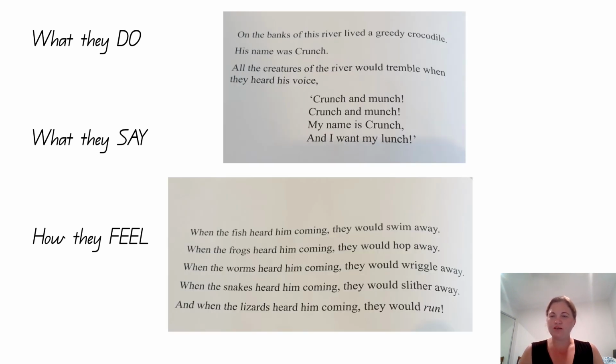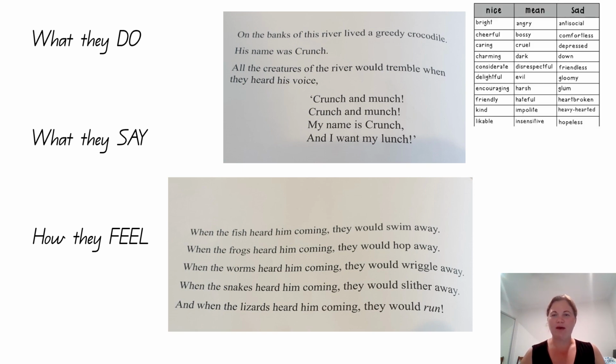Here are 2 different pages from Crunch the Crocodile. On the first page, it says, "On the banks of the river lived a greedy crocodile. His name was Crunch. All the creatures of the river would tremble when they heard his voice. Crunch and munch, crunch and munch. My name is Crunch and I want my lunch."